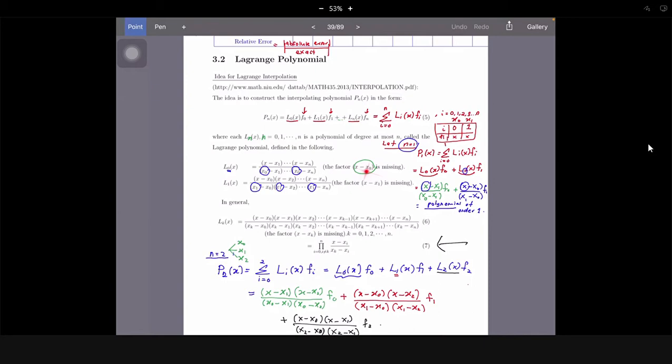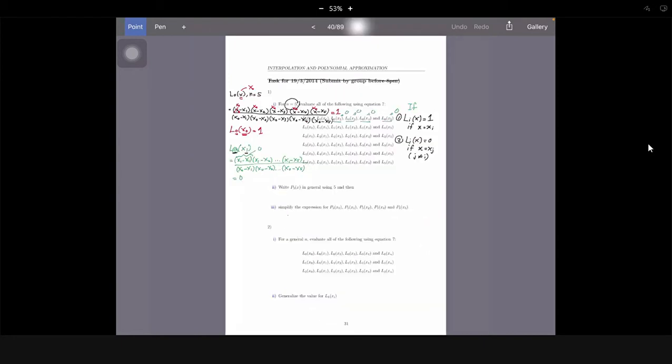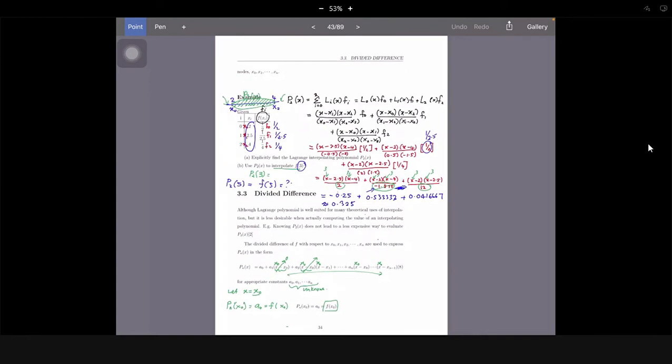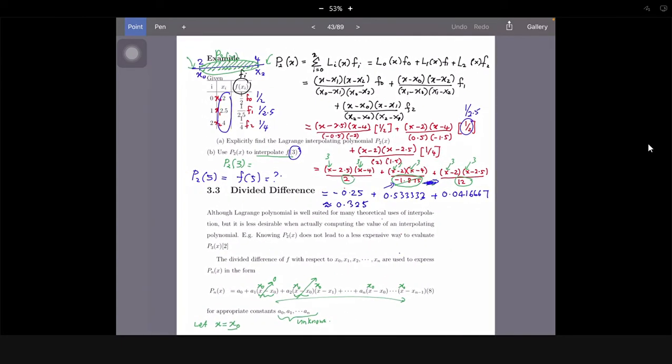So any yang dibahagikan dengan denominator 0, you tak dapat jawapan, okay. Termasuk nilai, you akan dapat a function. Okay, macam ni lah. You akan dapat a final function.